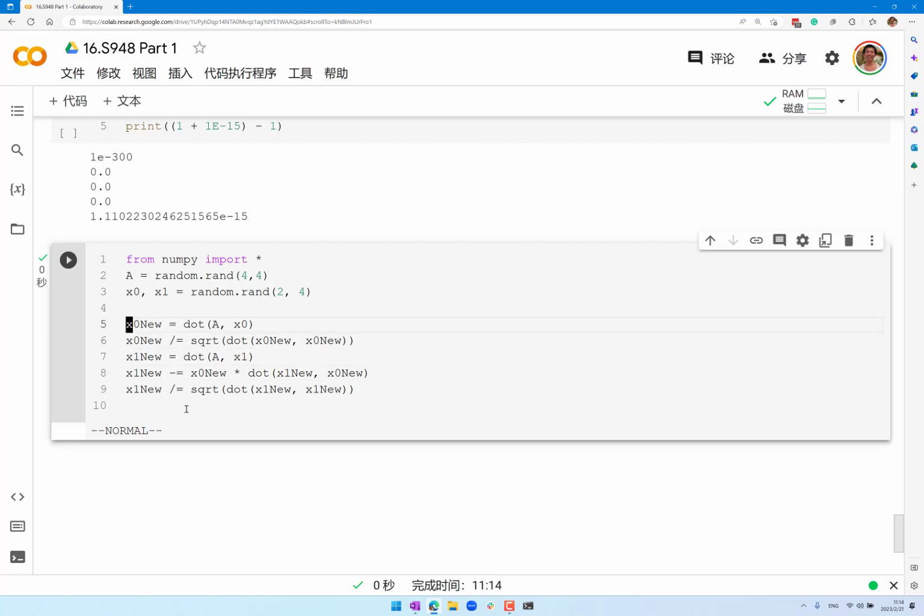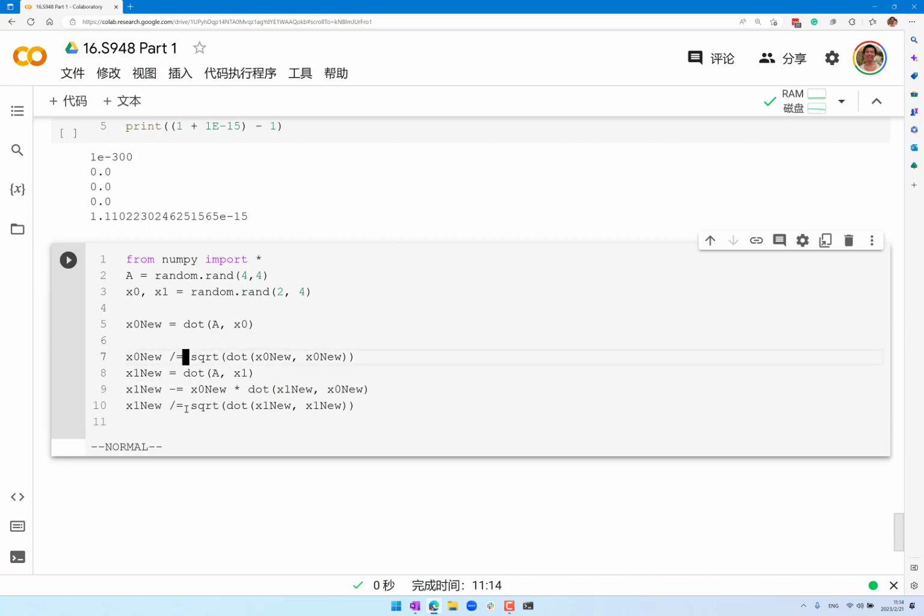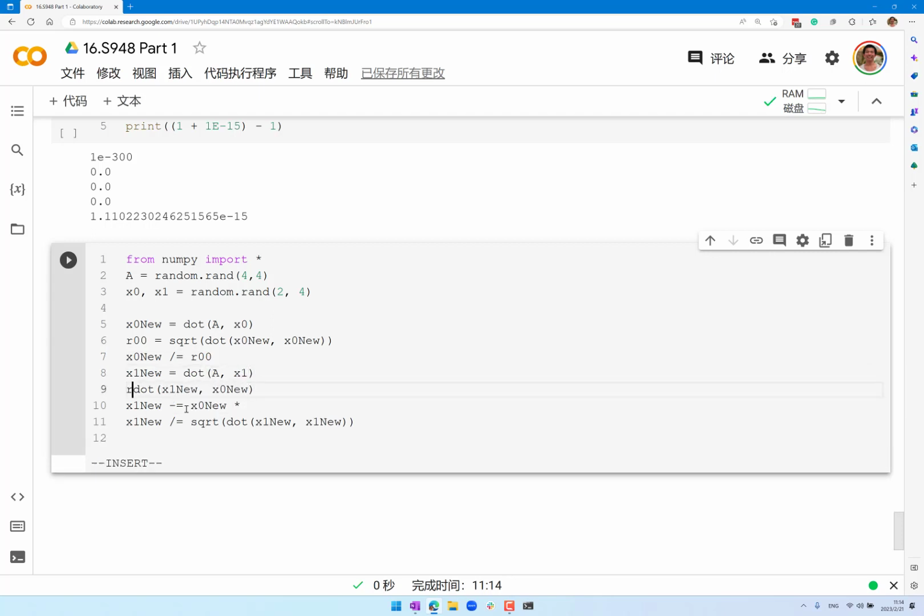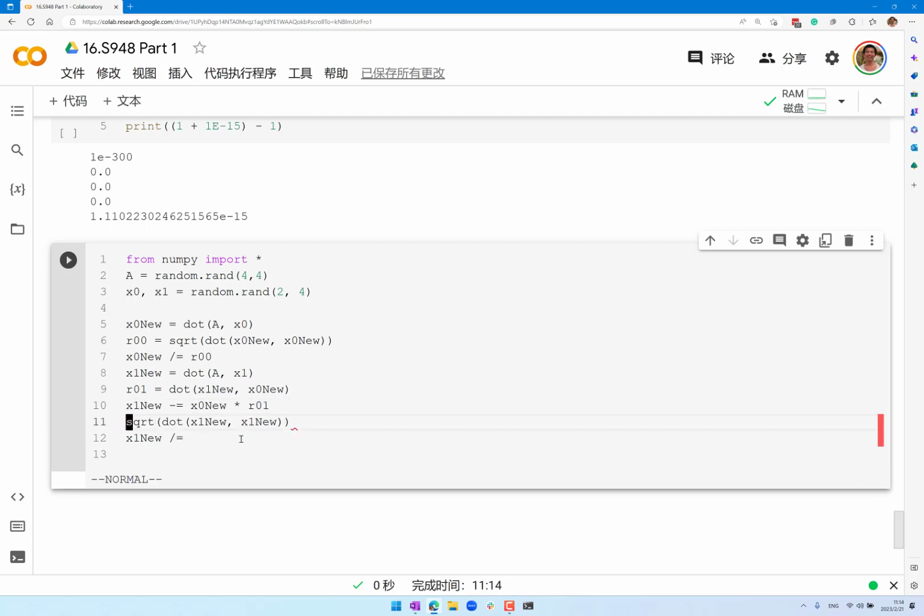In this case, this square root, let me copy and paste it here, is actually our R00, and the division is by R00. This dot product here, let me also paste it over here, is our R01, and this subtraction is actually by R01. And finally, this square root is our R11, and this division is by R11.